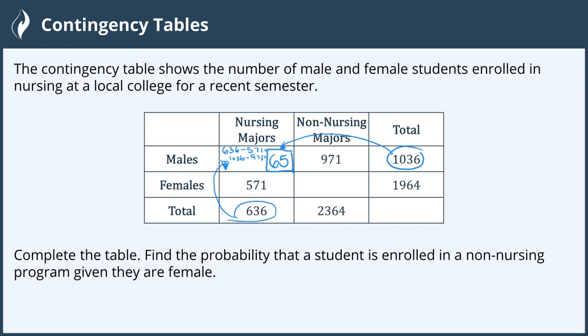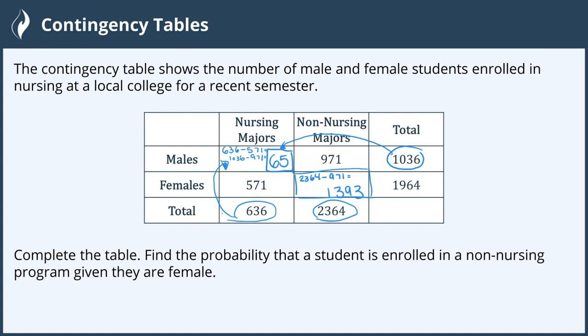Now we can do the same thing for the females and the non-nursing majors here in this box. We can go ahead and subtract 971 from 2,364. 2,364, subtract 971, my calculator gives me 1,393.